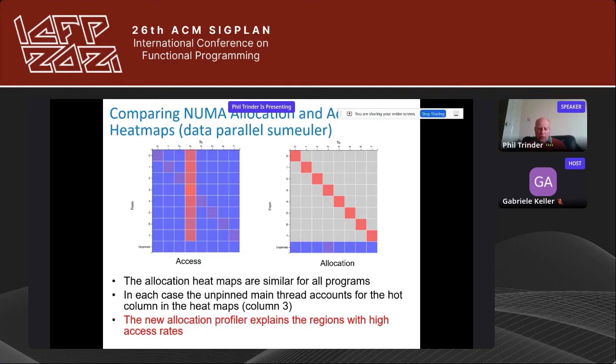So the allocation profile explains it: the unpinned thread has done its allocation into region 3, and all of the other threads running in all the other regions need to access the data from the main thread, and hence create this hot region.